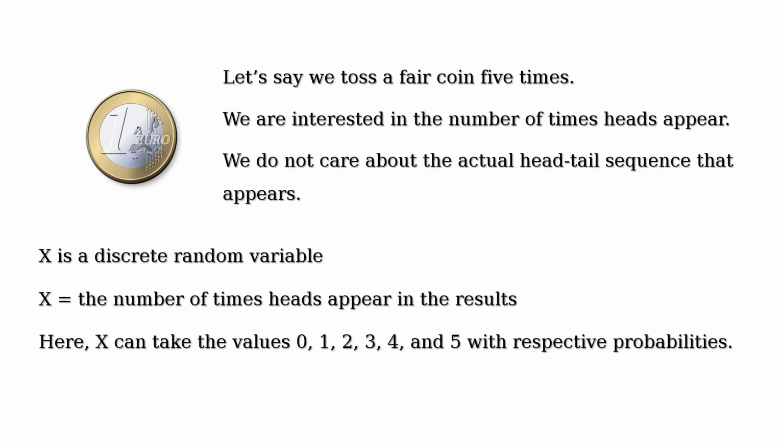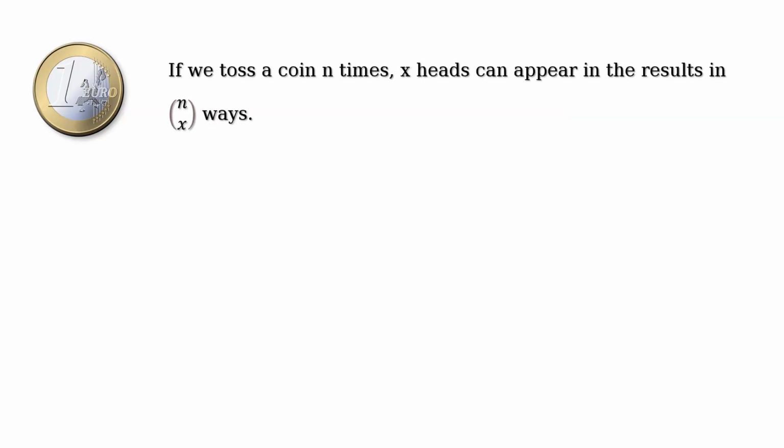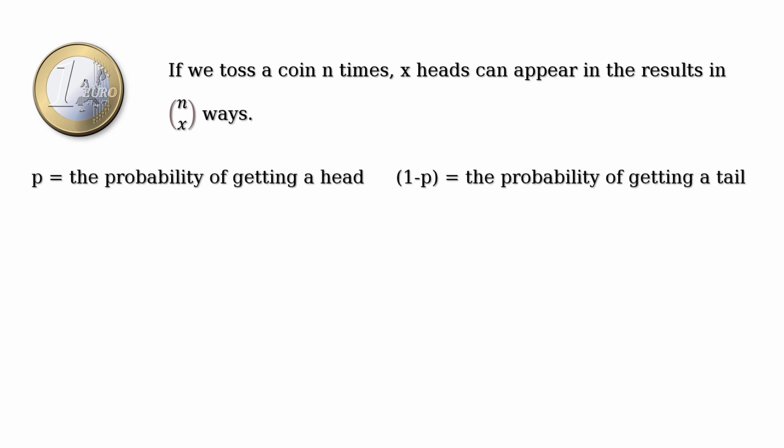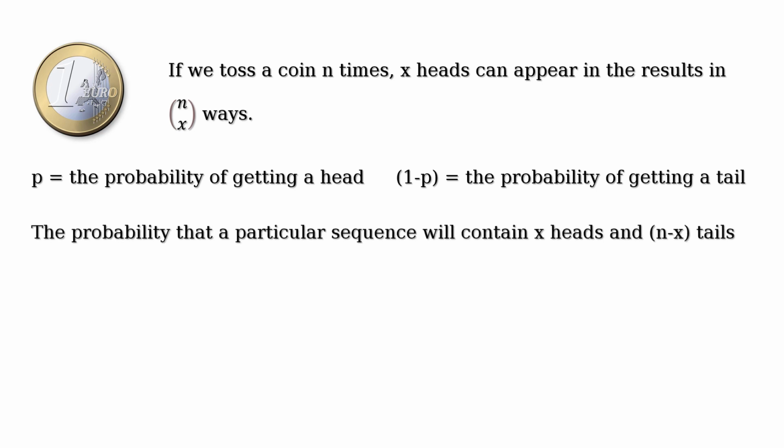If we toss a coin n times, x heads can appear in the results in nCx ways. And in a particular sequence of n trials, if p is the probability of getting a head and 1 minus p is the probability of getting a tail, then the probability that the particular sequence will contain x heads and n minus x tails is p to the power x into 1 minus p to the power n minus x.